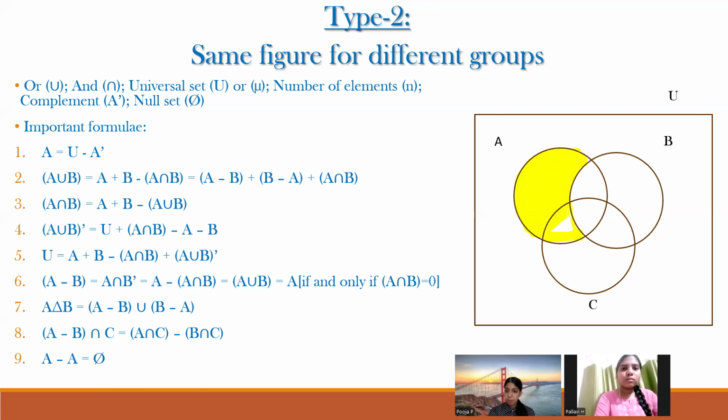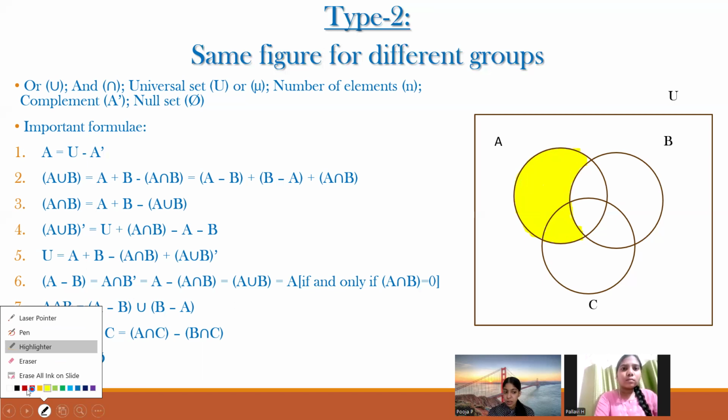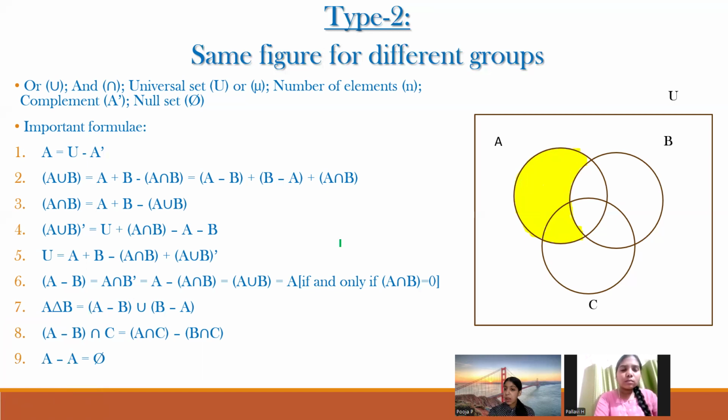Now the place where C intersects with A difference B, that is the yellow mark. Where is it found? Only in this region, where both are intersecting.